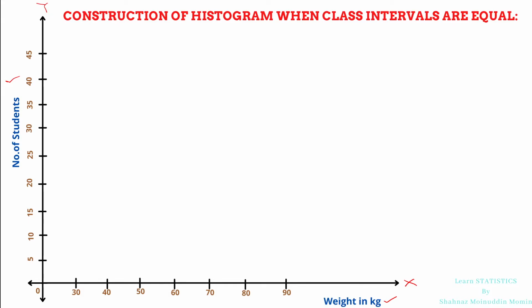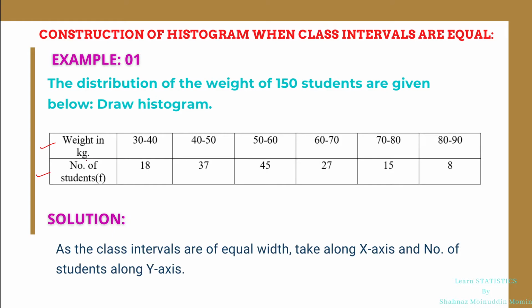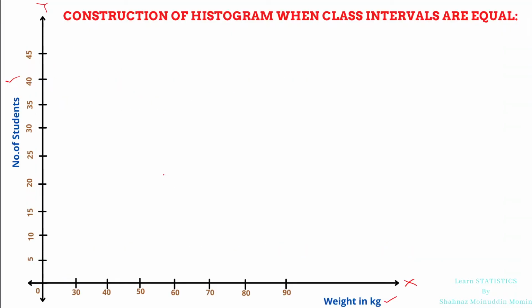I have taken weight in kilograms along the x-axis and number of students along the y-axis. Now let us see, the first class is 30 to 40, having frequency, number of students, 18. So I will draw a rectangle. Here I have started the scale from 30. I have compressed the x-axis like this.